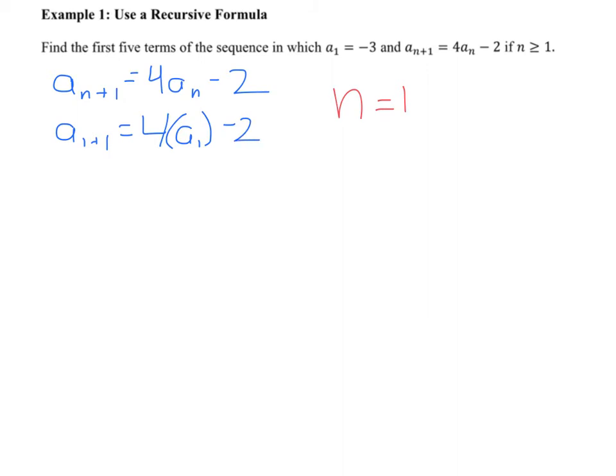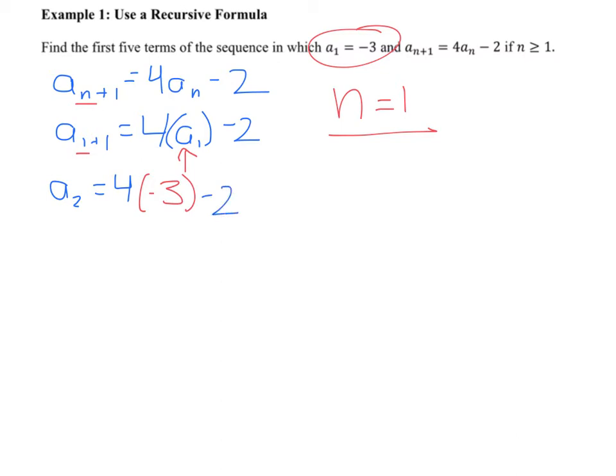So now I can go ahead and plug these things in. Since n was 1, I plugged in 1 right here for my n value. And then I also know this a sub 1 value. So I'm going to go ahead and plug that in. So I have a sub 2, because 1 plus 1 is 2, equals 4 times my a sub 1 value, they gave that to me right here, is negative 3 minus 2.